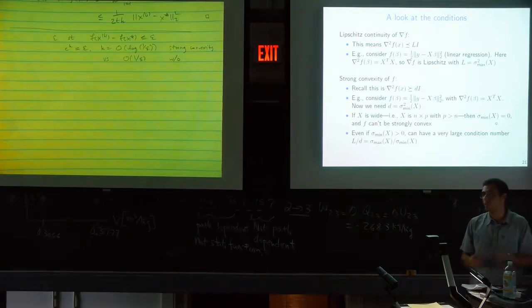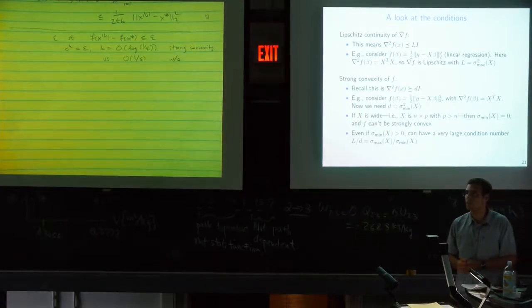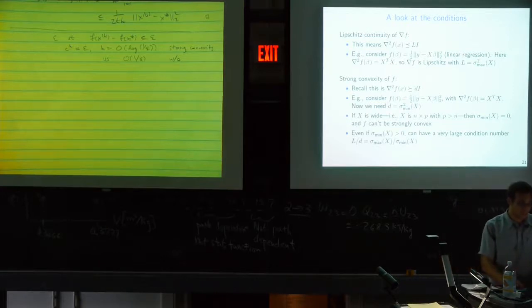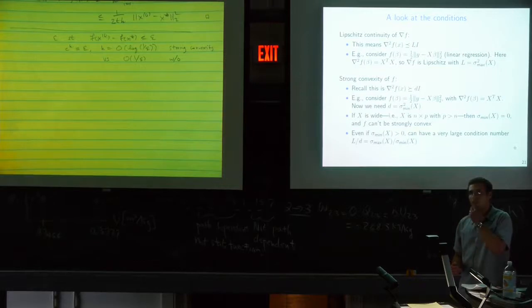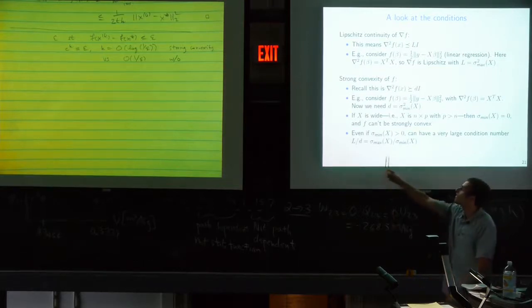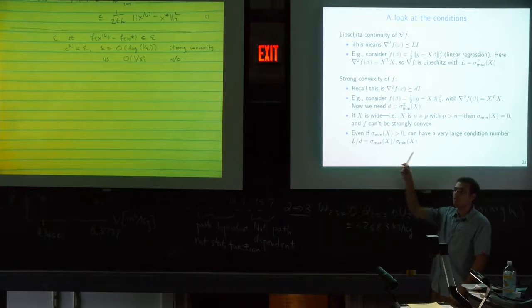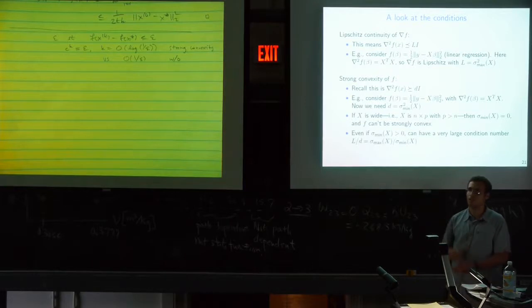Right, so we actually aren't strongly convex, and we don't get that exponentially fast rate in k. So whenever we're in the high dimensional case, it's not strongly convex. And even if it is positive, it's very easy to have a very large condition number, L over D, if the predictor variables are correlated, if the columns of X are correlated. Okay, so this is just supposed to tell you that even in the simplest of cases, which is linear regression, these conditions can fail, or they can present themselves in a way that makes it so that even though it may be strongly convex, that rate doesn't really mean much because it's so poorly conditioned.